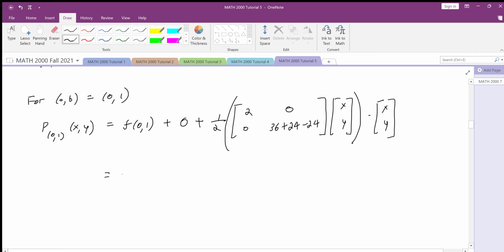So that's just going to be x squared plus 3y to the power 4 plus 4y to the power 3 minus 12y squared, and then a plus 0, which is this 0 there.